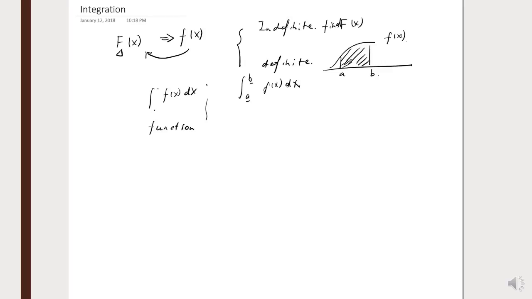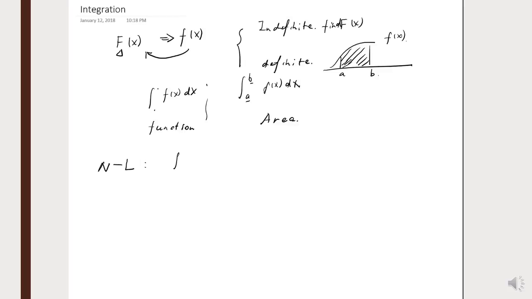For the definite integration, your job is to find out the area. That's the difference. And for both the indefinite and the definite integration, they have a bridge called the Newton-Leibniz formula.